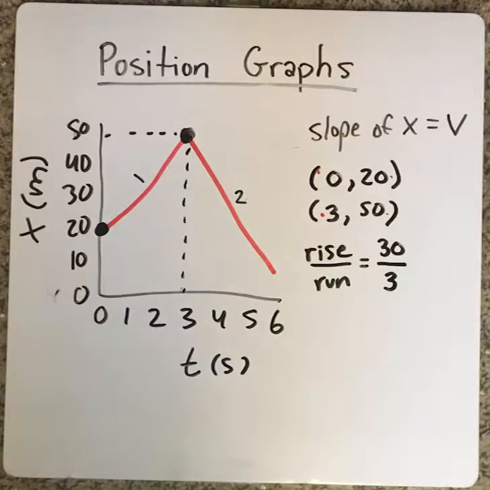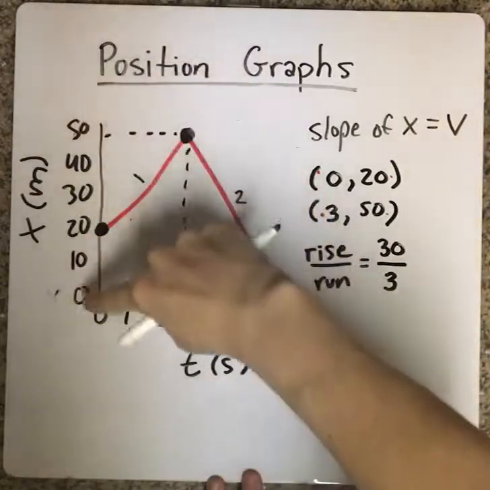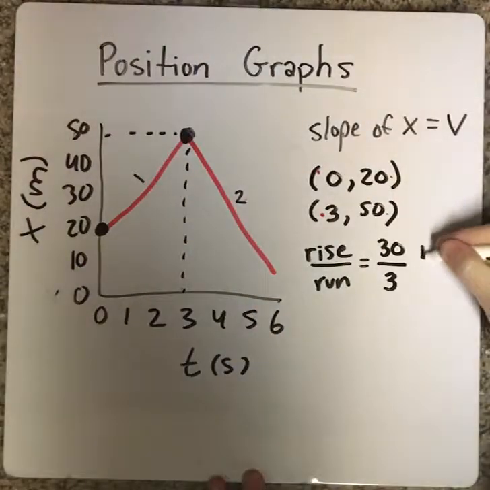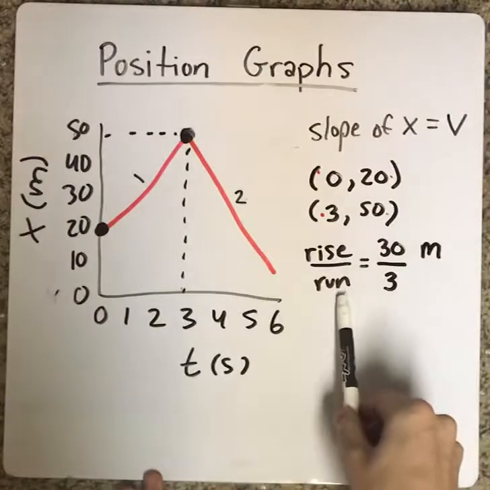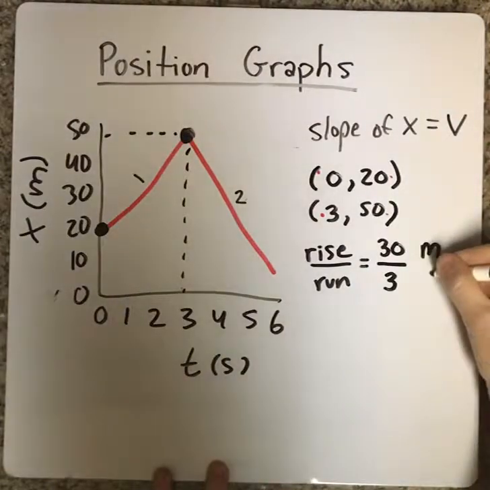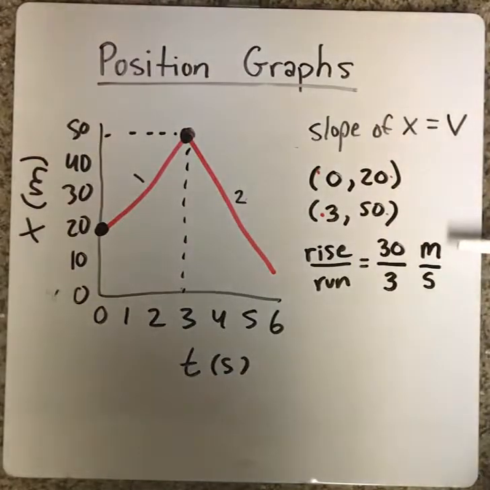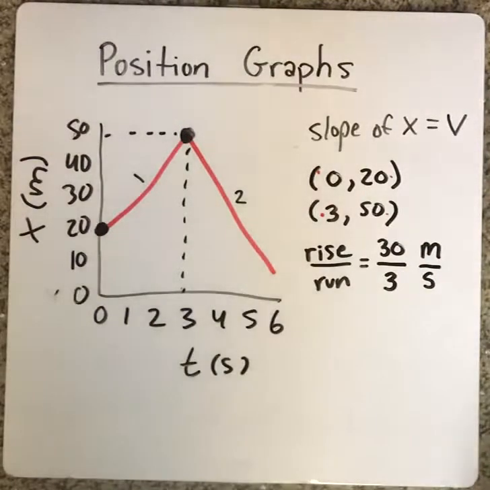And remember that both axes have units. So the rise, or the y-axis, had the units of meters, and the run, that's your x-axis, had the units of seconds.